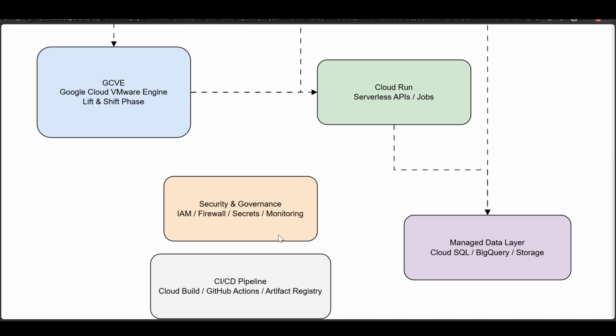So this includes GKE for containerized workloads, Cloud Run for serverless services, managed databases, CI/CD pipelines, and monitoring and security integration. This approach to migration from on-prem to GCP reflects a real enterprise environment, and these are the stages we have to move through.